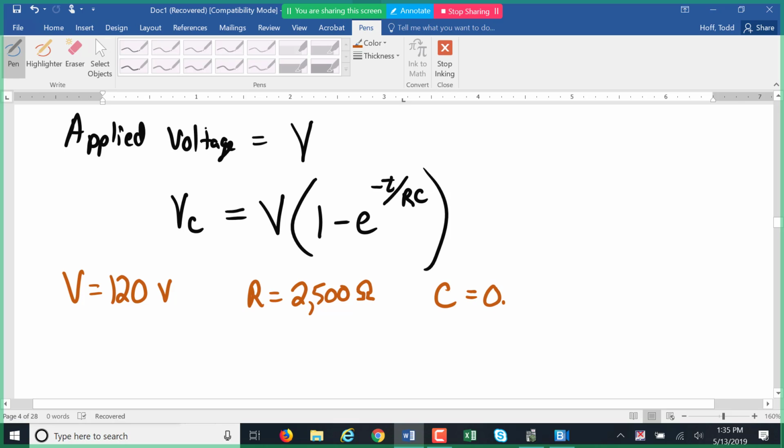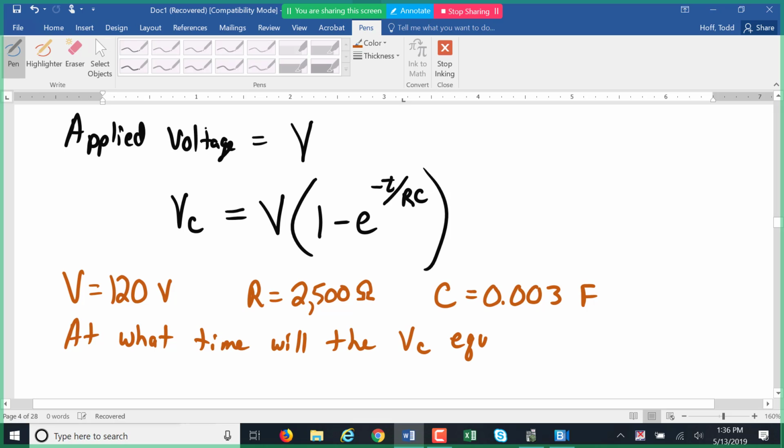A capacitance of 0.003 farads. At what time will the charge Vc equal 80 volts?